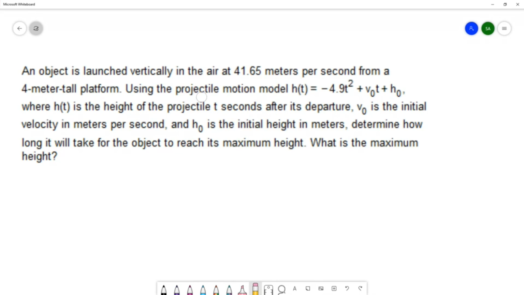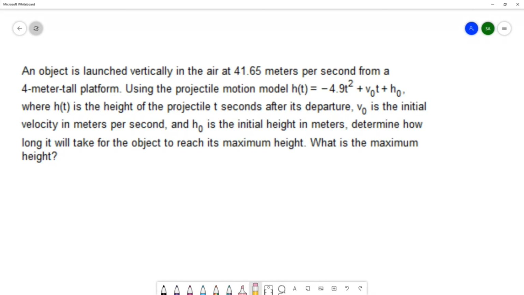Using the projectile motion model, h of t equals negative 4.9 t squared plus v naught t plus h naught, where h of t is the height of the projectile, t seconds after its departure, v naught is the initial velocity in meters per second, and h naught is the initial height in meters. Determine how long it takes for the object to reach its maximum height and what is the maximum height.